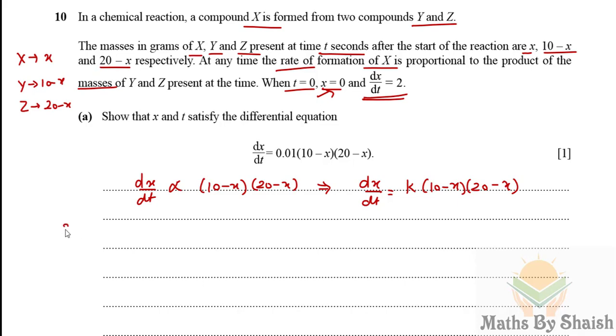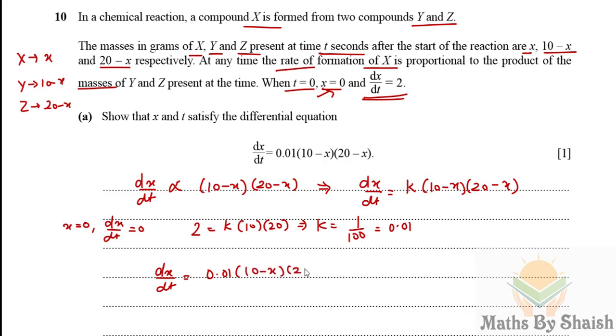So at time t = 0, x is 0 and dx/dt is 2. We substitute: 2 = k times (10 − 0) times (20 − 0), so k = 1/100, that is 0.01. Hence dx/dt can be written as 0.01 times (10 − x) times (20 − x). We only needed to get the constant, and we substituted it here to get dx/dt.